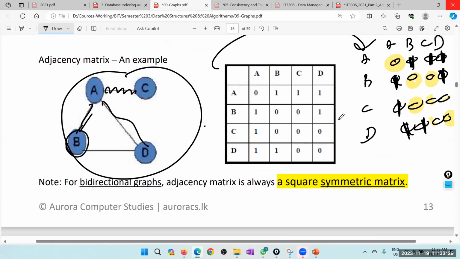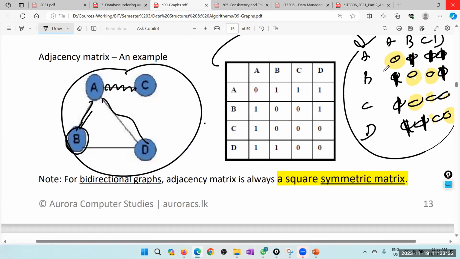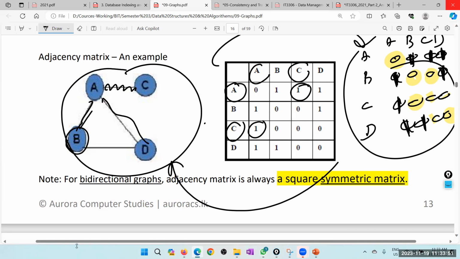And by looking at the adjacency matrix, we can build the graph. You must be able to do both. Of course, that is not rocket science. That is super simple. Here we assume that it is bidirectional, so when you have A to C, there is C to A. If it is an undirected or bidirectional graph, you can see that it is symmetric.